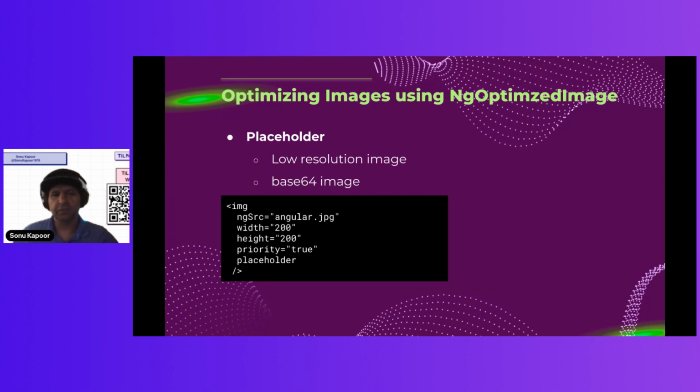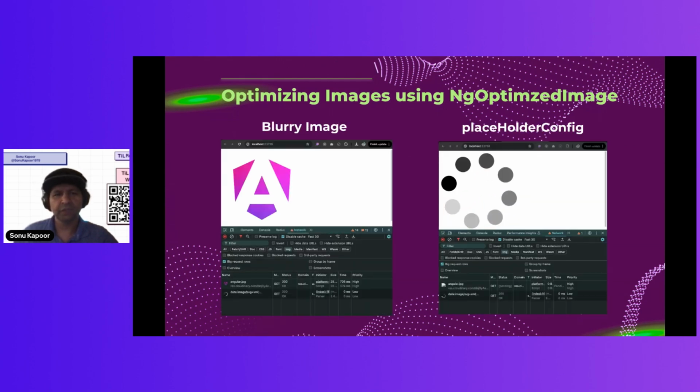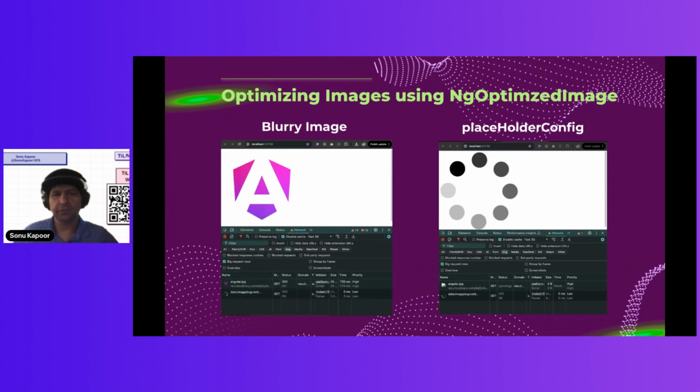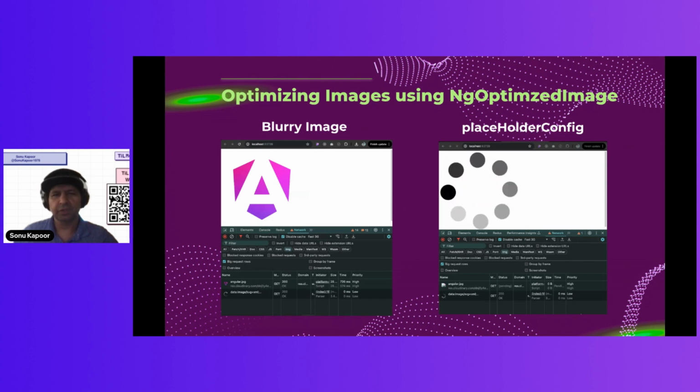But if you want to use a completely different image, then you can also set the placeholder to an encoded version of the image in base64 format. So here, I'm using a simple base64 for the placeholder. You'll notice that the image on the left is quite blurry.